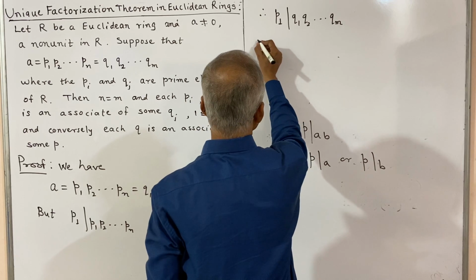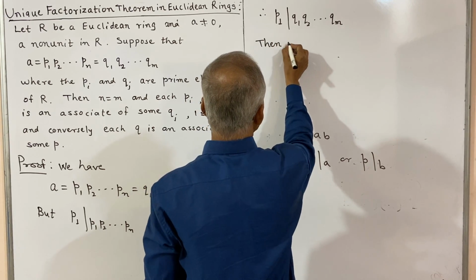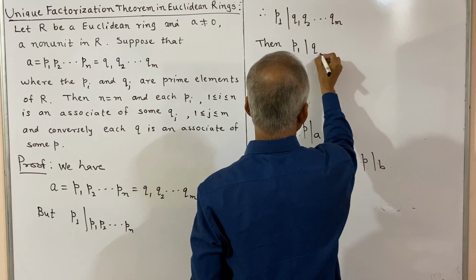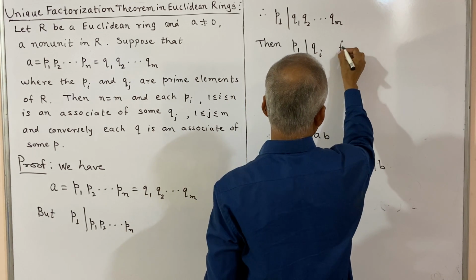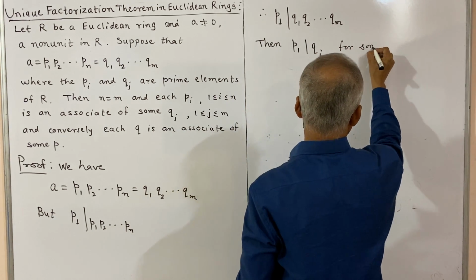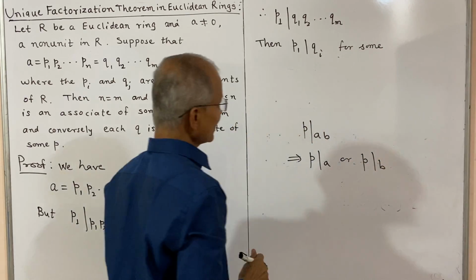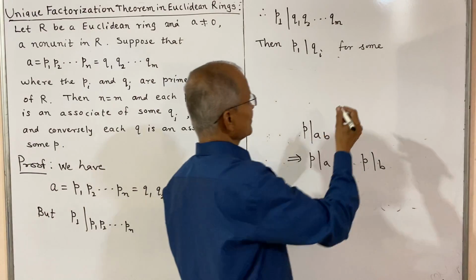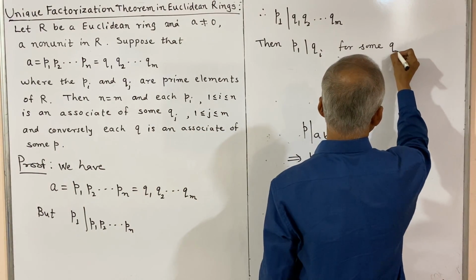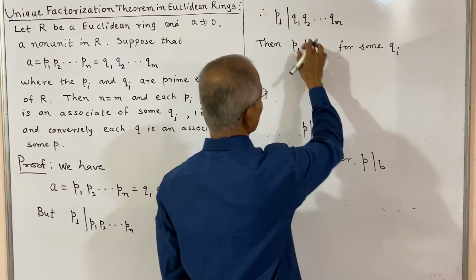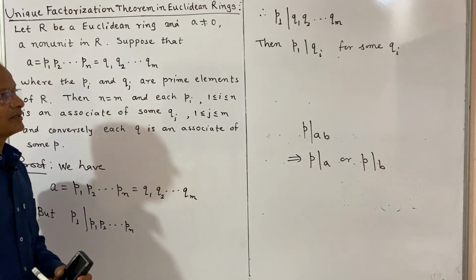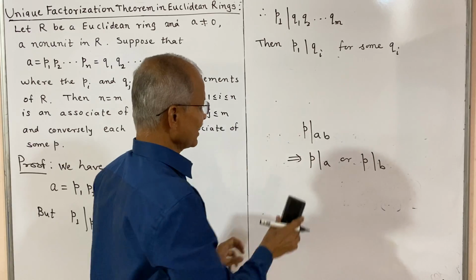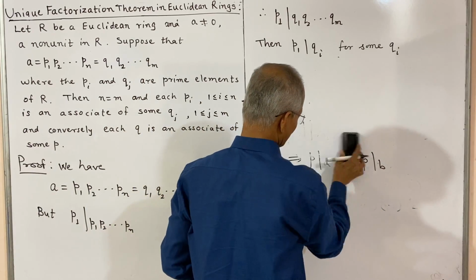Then P1 divides Qi for some Qi. But you see, these are prime elements, and therefore they must be associates.